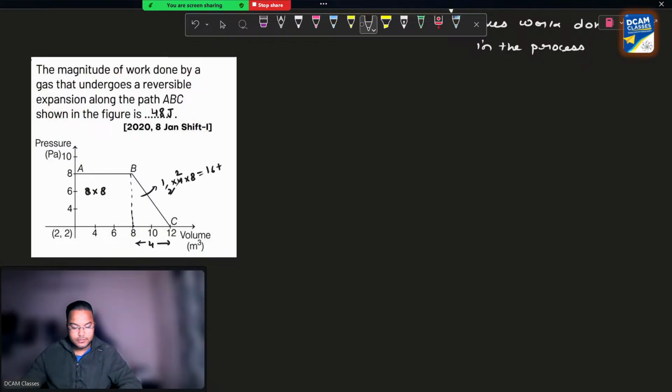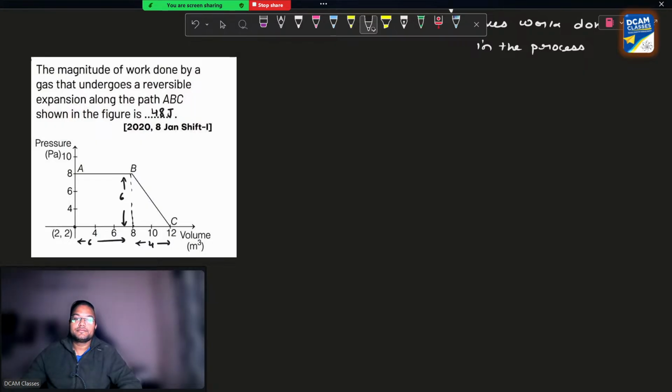Where I'm doing wrong? So the starting is 2,2. Yes. See? Silly. I also do silly mistakes. 8 minus 2. This is 6. This is 6 and this is 6.